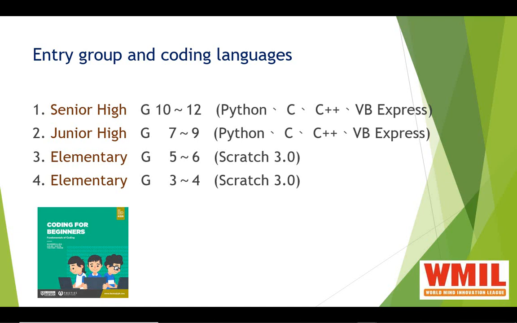There are 4 groups. Group 1 is senior high school students from grade 10 to 12. They can use Python, C, C++, Visual Basic, Express. The second group is junior high school. They are from grade 7 to 9, also using the same 4 kinds of languages.